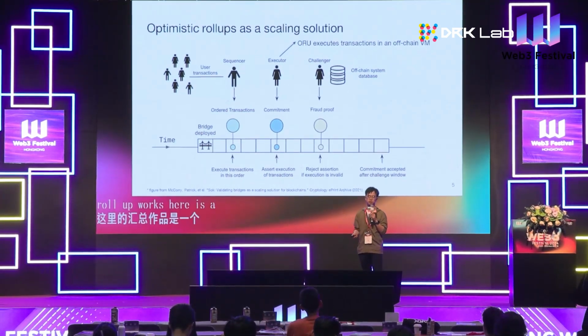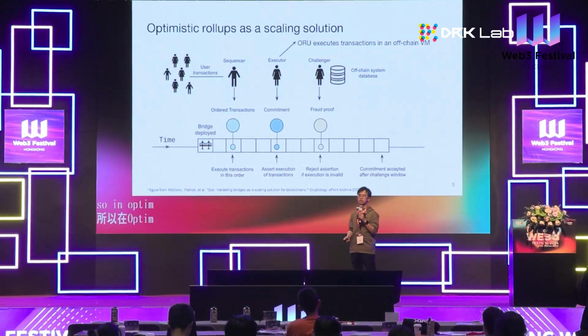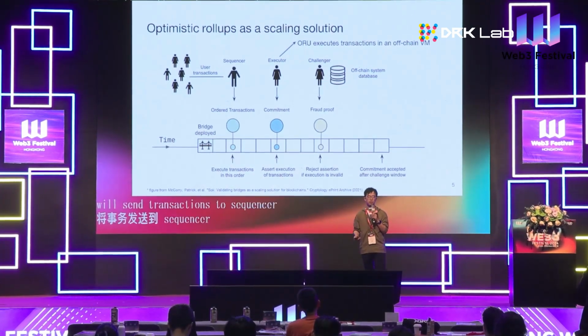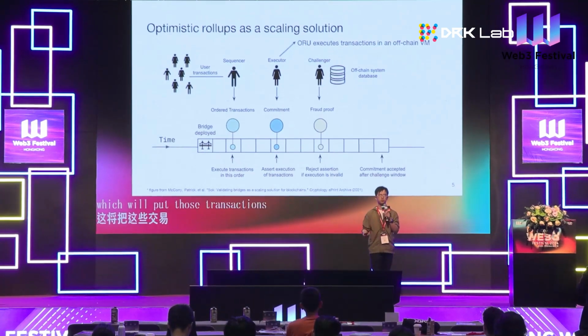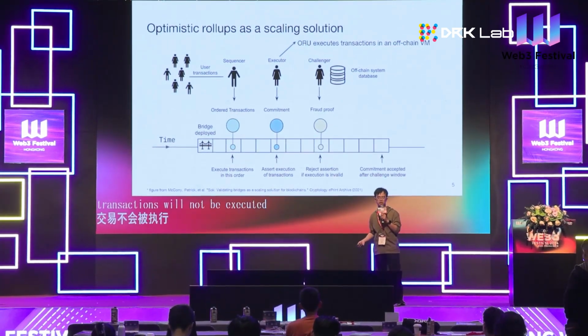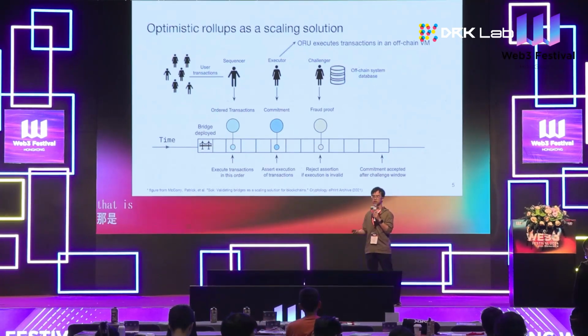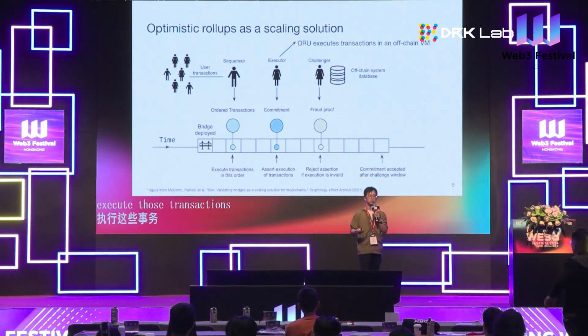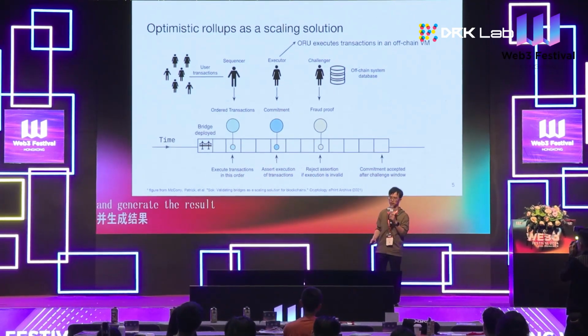In optimistic rollups, a user will send transactions to a sequencer, which will put those transactions on chain. But unlike Ethereum, those transactions will not be executed on chain. Instead, there will be an executor off-chain who will execute those transactions, generate the result commitment, and put it on chain.